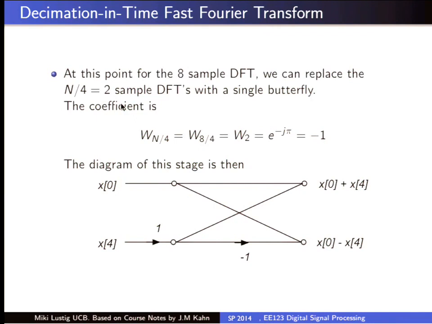A 2-point DFT is you take two numbers and you add them, and you subtract them. You can actually look at the equation, but it kind of makes sense. What is the DC component of 2 points? You add them. What is the highest frequency? You subtract them. So a 2-point DFT is just add two numbers and subtract two numbers. So I take these, I add them, and then I subtract them.